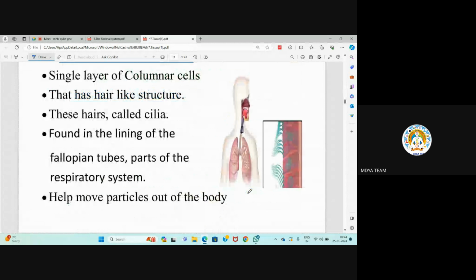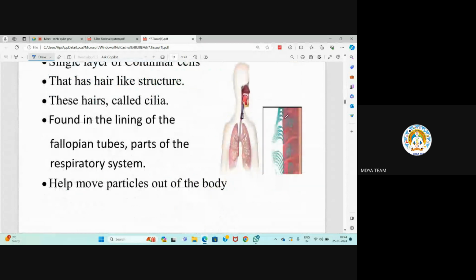Here, yes, this is cilia. This blue colored structure you can see, that is cilia. So these are finger-like projections. These are made for making the surface broader. In small intestine and in lungs and in fallopian tube, we can find this kind of structure in the human body.